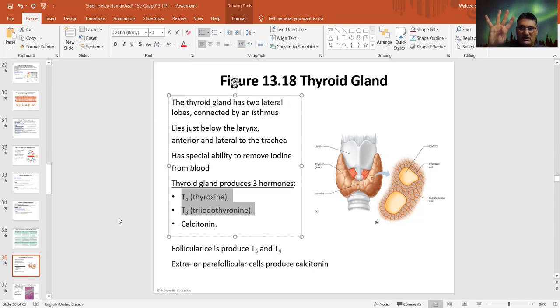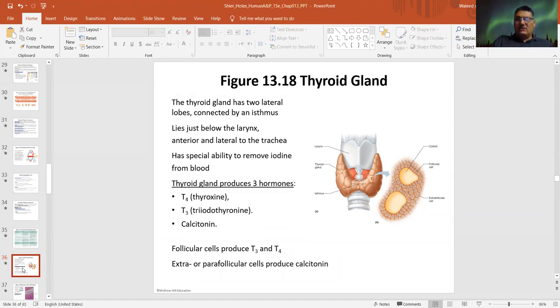It's thyronine with 4 iodine. This is what it means. But the more famous name is thyroxine. Instead of tetra, they call it thyroxine. Both of those are called the thyroid hormone, but there is an additional one that comes from different cells, but still from the thyroid gland, which is calcitonin.